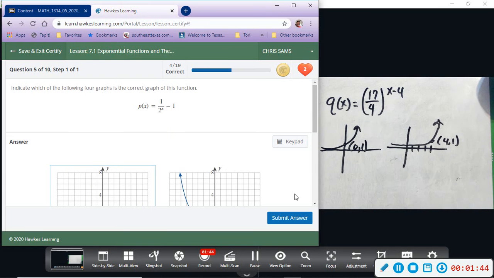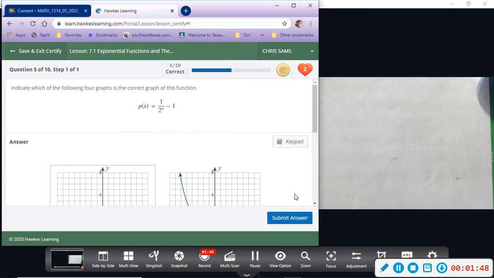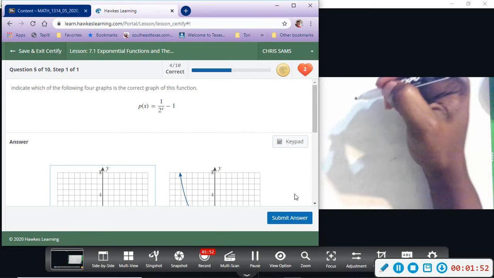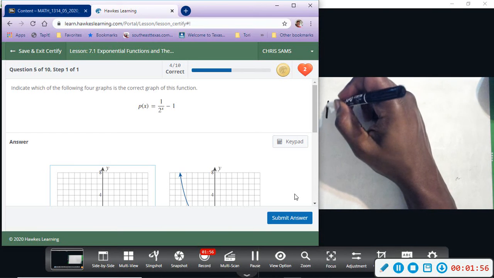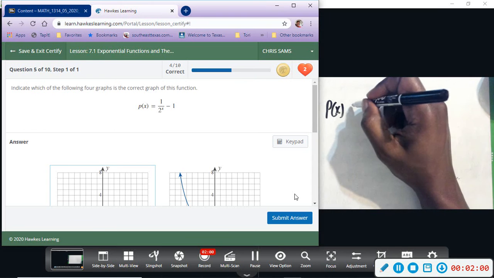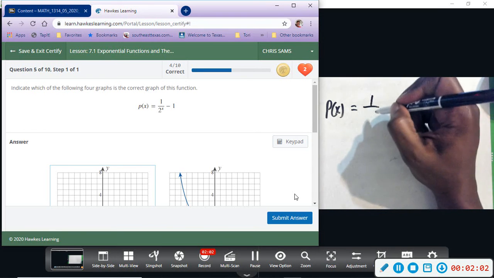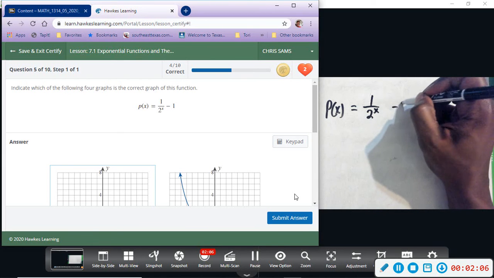Okay, and we'll do number 5 here. Although it looks a little bit different, I'll show you the algebra behind it. We're given (1/2)^x, and then minus 1.